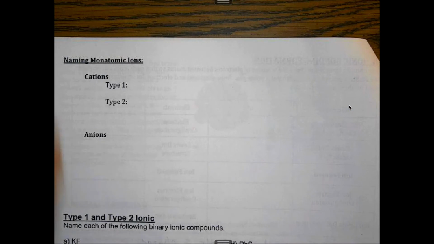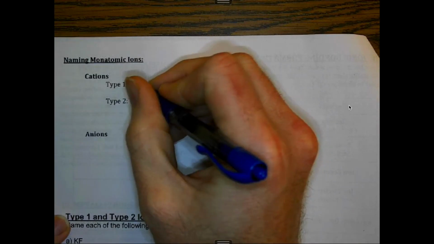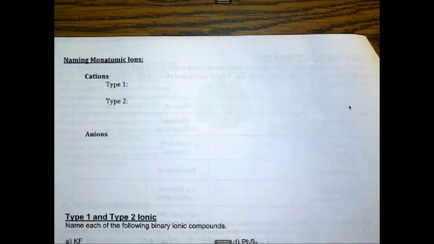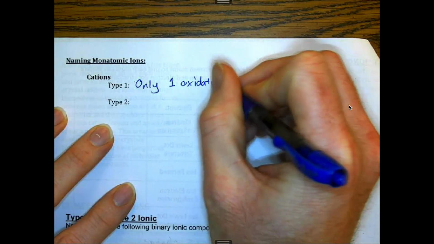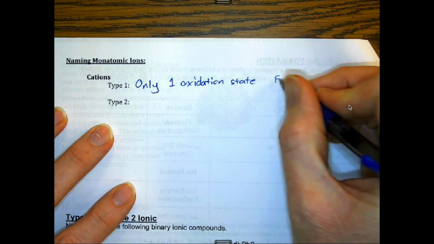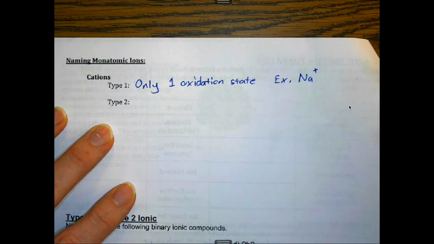Now, let's take a look at the rest of the notes. Cations are things that only have 1 oxidation state. A good example of that would be sodium. Sodium will always be a plus charge.